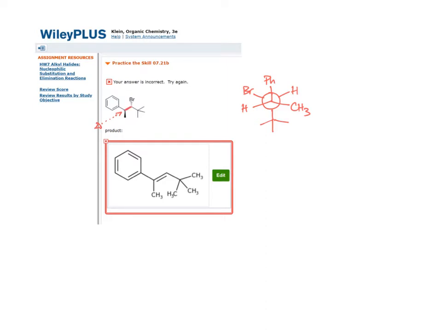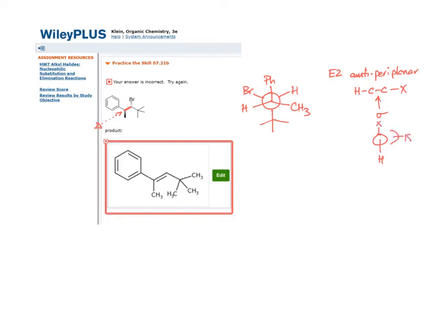And so when you're doing an elimination, that E2 bimolecular elimination, you need an anti-periplanar orientation of H, C, C, X, which is the leaving group. That is the sigma bond you're looking down. And what do I mean by anti-periplanar? That means in the Newman projection, you have your H, carbon, carbon, and then your X group.